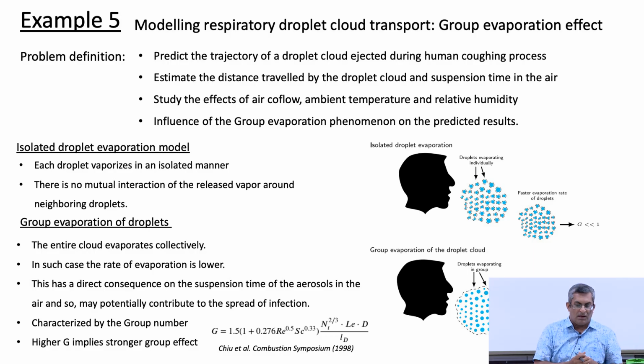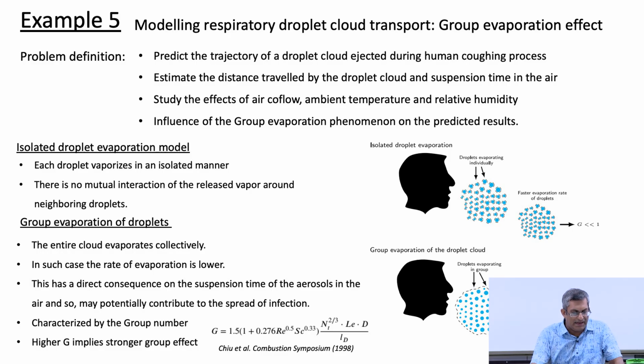Okay, but here we are going one step ahead of that, and what we want to do is make a prediction of this droplet cloud transport under group evaporation effect. What is that? I will discuss soon.